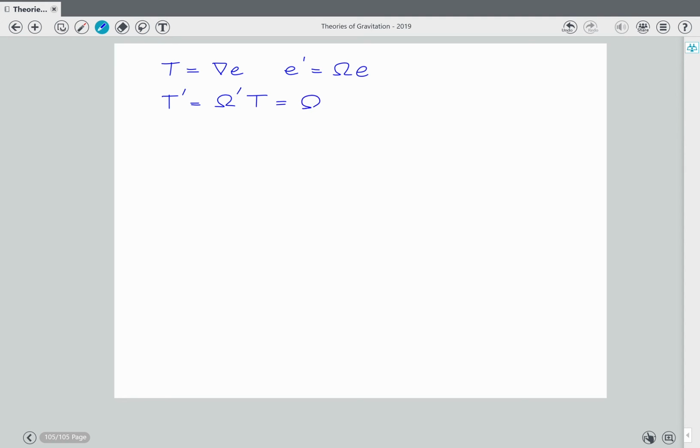We can write it like this: nabla E. We can write Omega to the minus 1 E prime equal E. So this is nabla prime, not Omega prime, Omega nabla Omega to the minus 1 E prime.